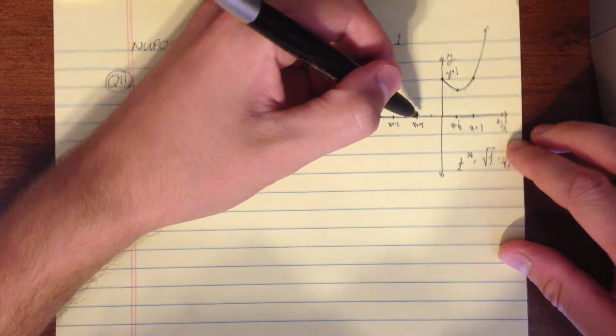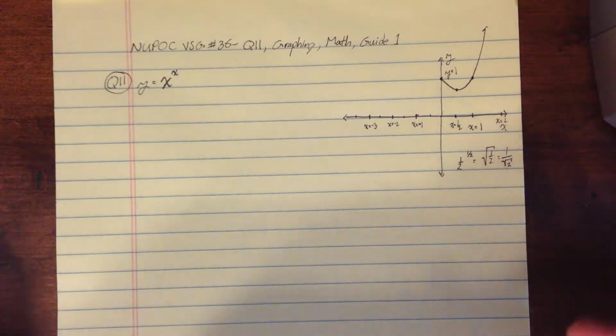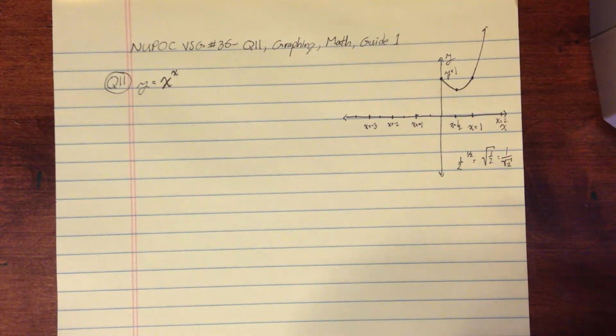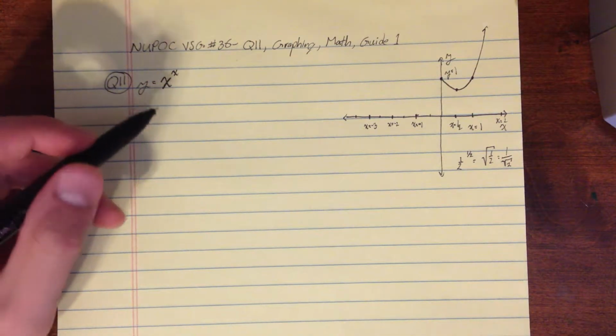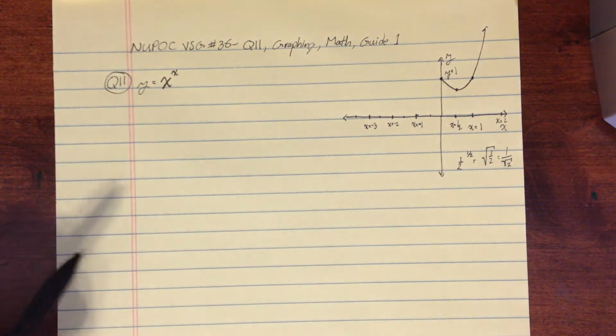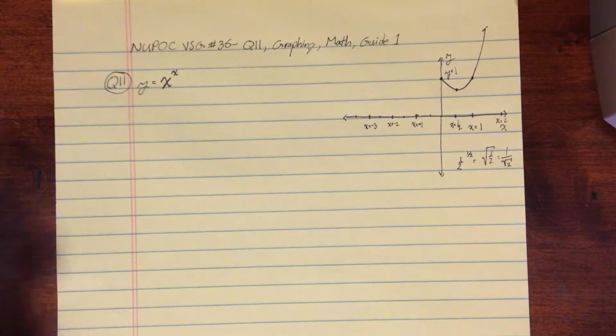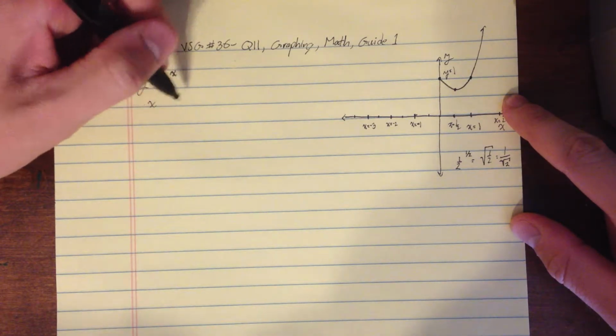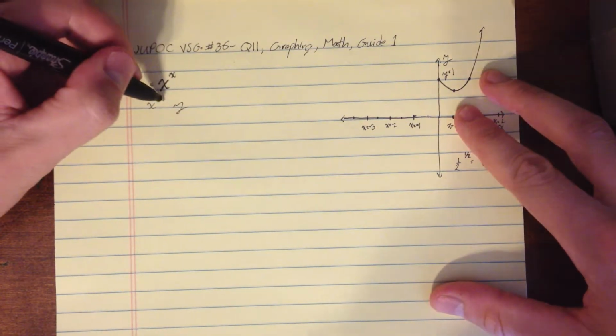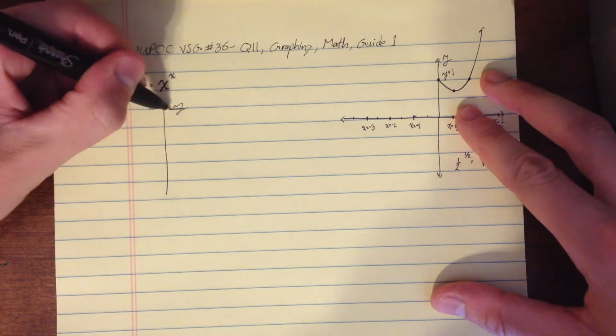So the best way to really analyze this, I think, is to just go to some sort of plotting platform and put this in. And a lot of them are going to give you an error, or they'll only graph this domain here. And the reason is we're going to see as the solution becomes complex as we go to negative values of x. So let's look at a few points here.